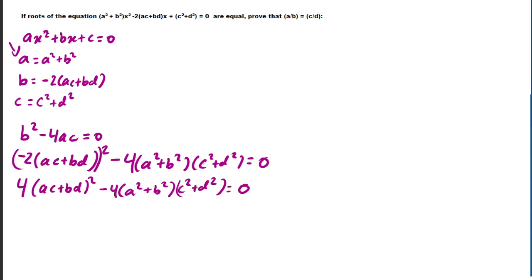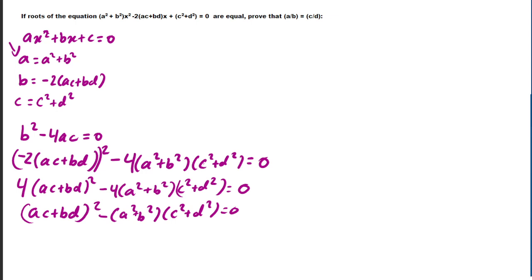So now we can just factor out the 4's in both statements. So we get (ac plus bd) whole squared minus (a squared plus b squared)(c squared plus d squared).